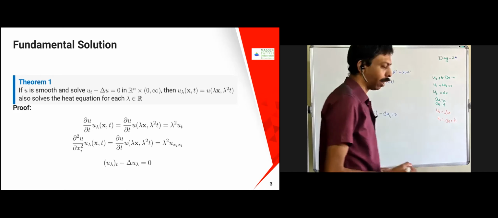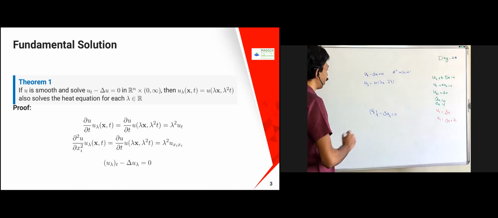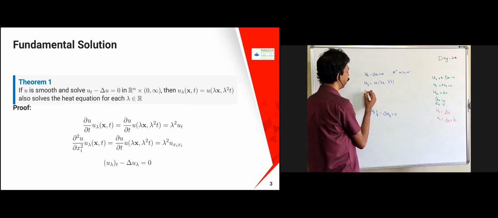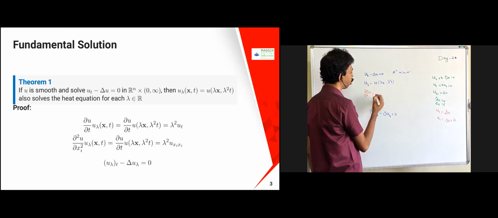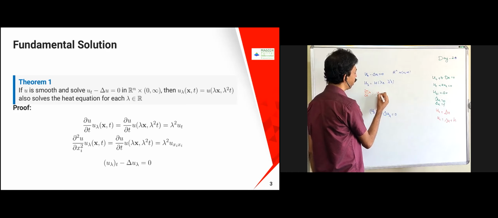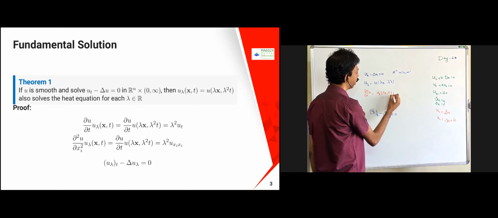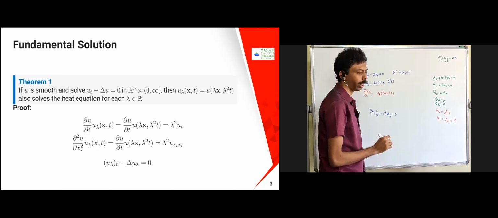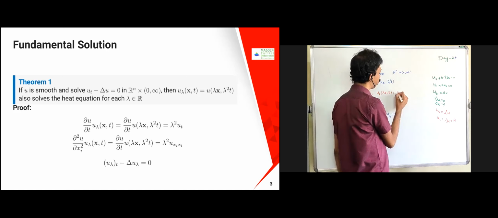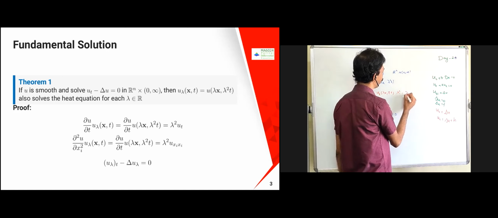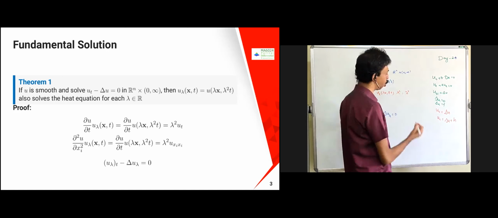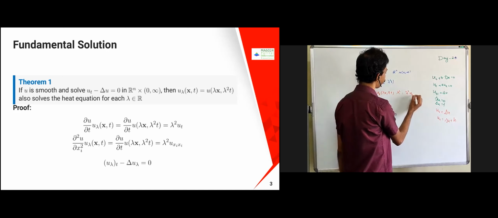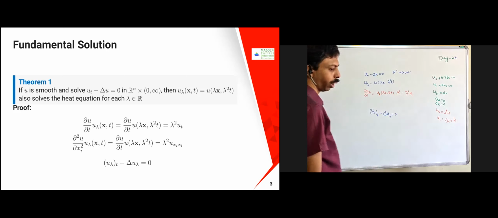So let's see that. If I define ∂u_λ/∂t, this is going to become u_t of (λx, λ²t) times the derivative of the argument, so λ² u_t is going to come.